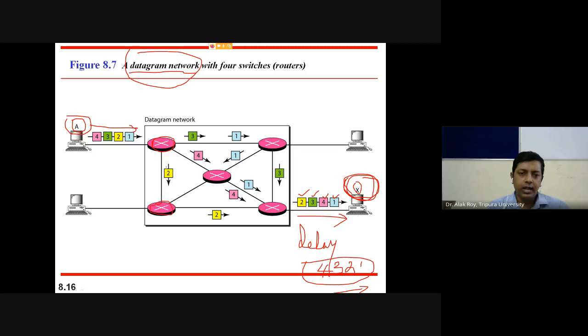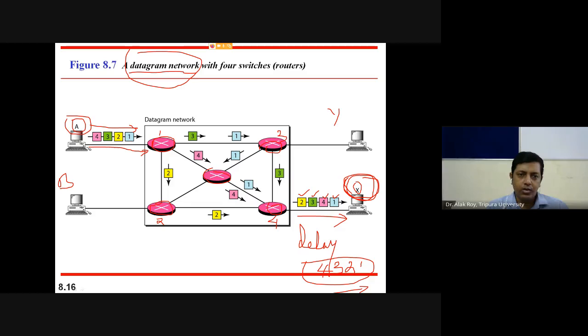Here 5 different switches are used to connect other computers, like A, let's take this as B, that as Y, and that as X. Now A may send data to the switch, let's take it as 1. Let's take this as switch 2, that is 3, and that is 4.